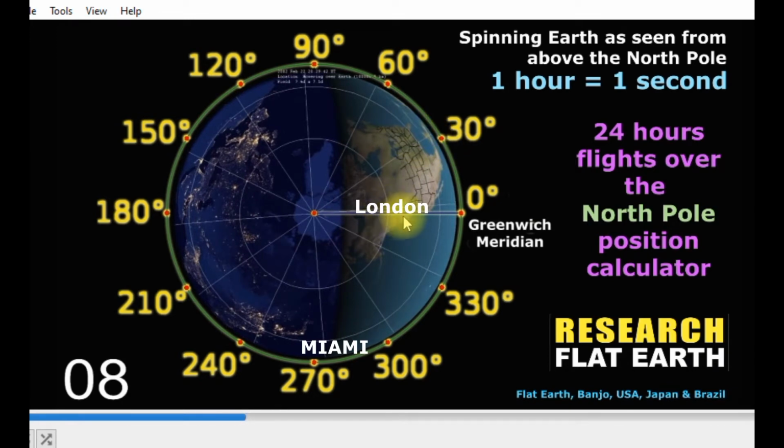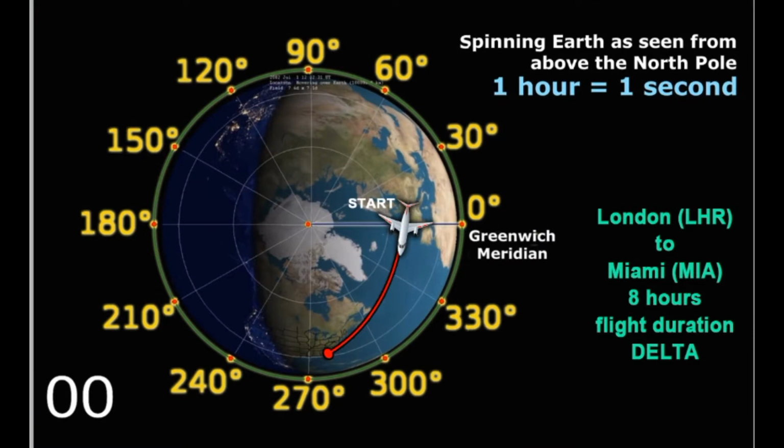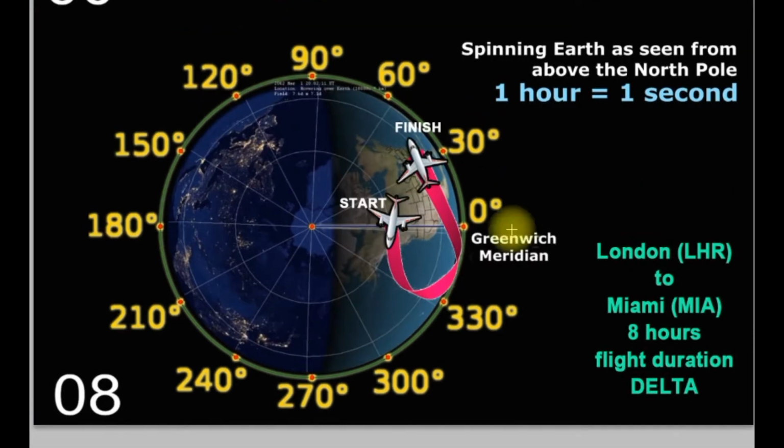Remember, the airplane took off from here, but had to go and chase the city. Okay, makes no sense. So let's go back here. This is the final flight route right here. The plane took off from here, but it had to chase back the city because of the Earth's spin.